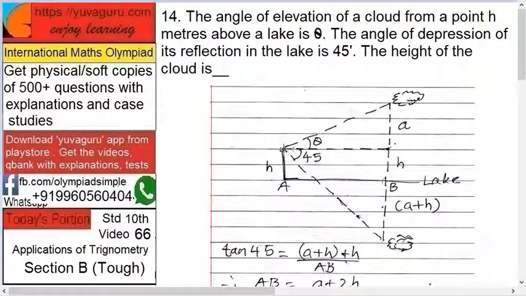Means I am standing here only and I am looking at the reflection of this cloud in the water, and then this angle is 45 degrees. Now the height of the cloud is, means I have to find this height a, and this h also, means h plus a is the required answer for me.